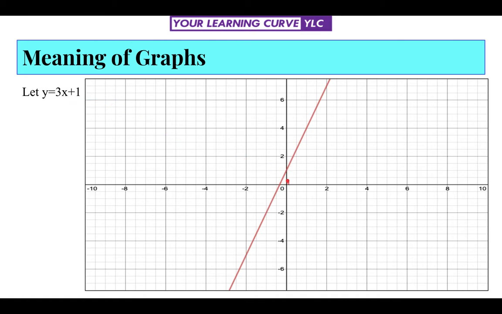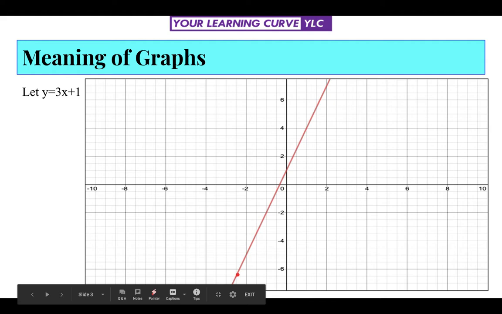Here if you put x equal to 0, y is equal to 1, this point is (0, 1). If you put x equal to 2, you get y equal to 7, so this point is (2, 7). If you put x equal to minus 1, you get y equal to minus 2, so this is (-1, -2). So according to the values of x, y attains its values.